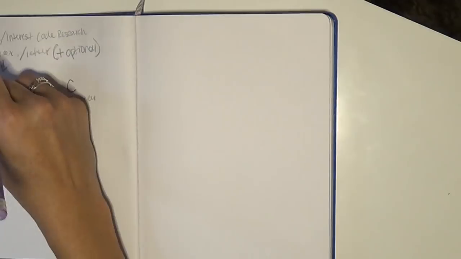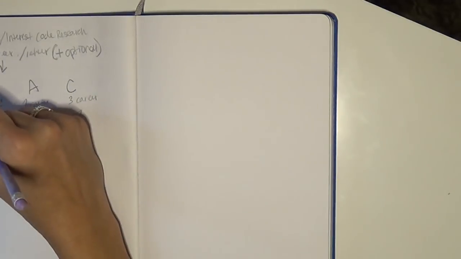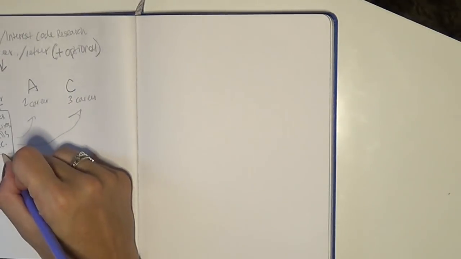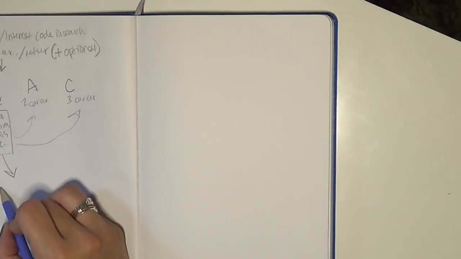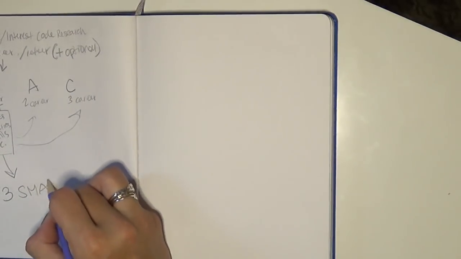So they'll come up with a list of hobbies, activities, or maybe skills that they could learn that would contribute to whatever that career area is. And then from there, they're going to come up with 3 possible SMART goals.